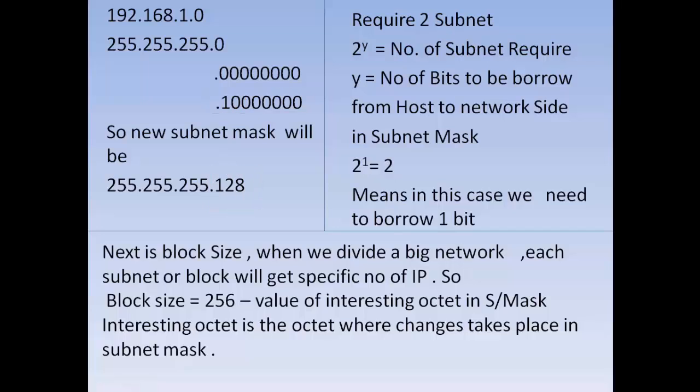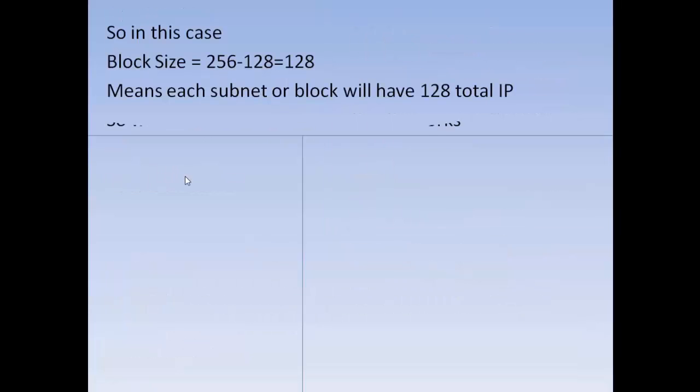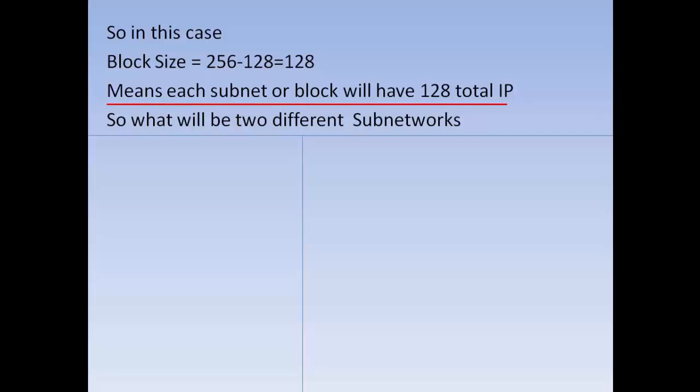In this case the interesting octet is the 4th octet, so the block size will be 256 minus 128, which is 128. Each subnet or block will have 128 total IPs. This is the second step.